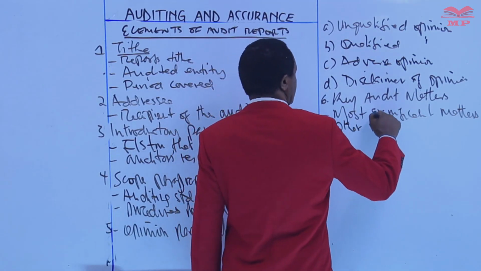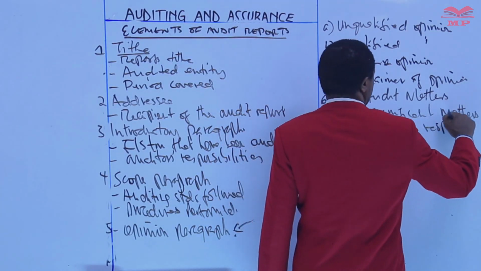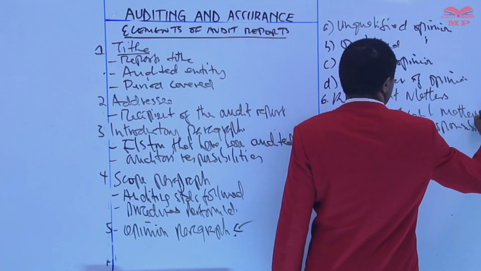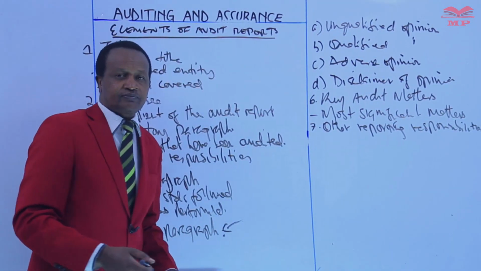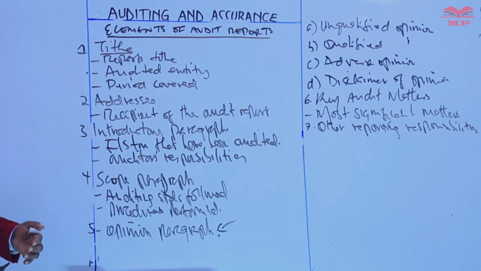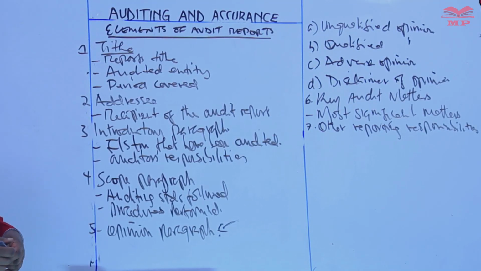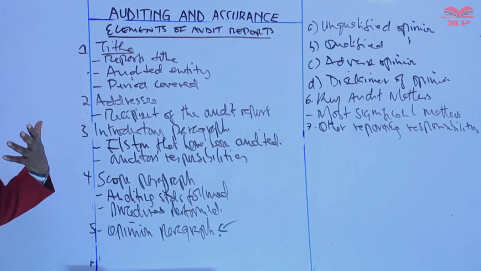Other reporting responsibilities. There could be other reporting responsibilities, like information about reporting responsibilities, such as reporting on other information included in the annual report.